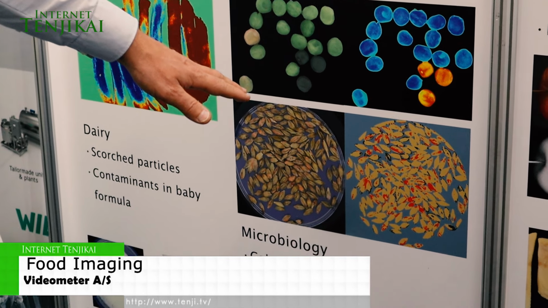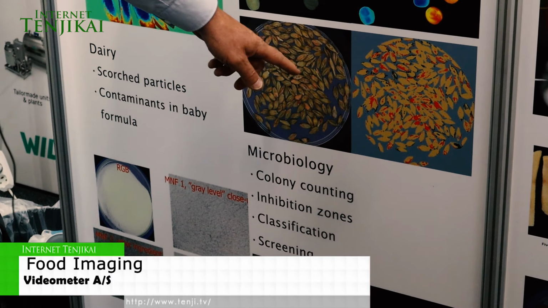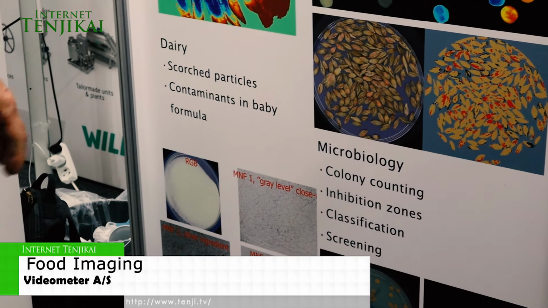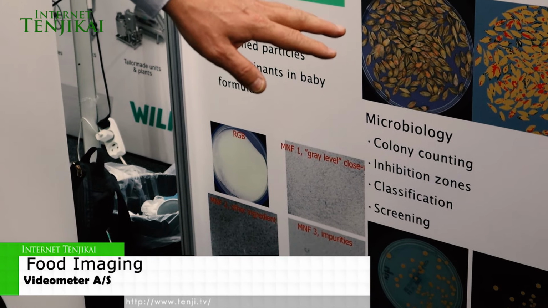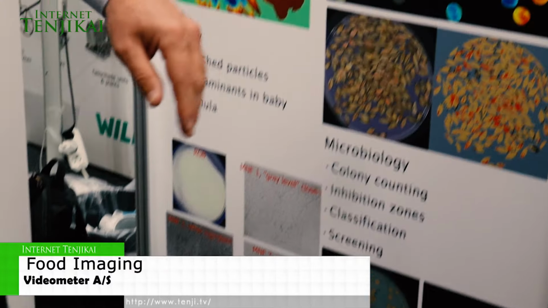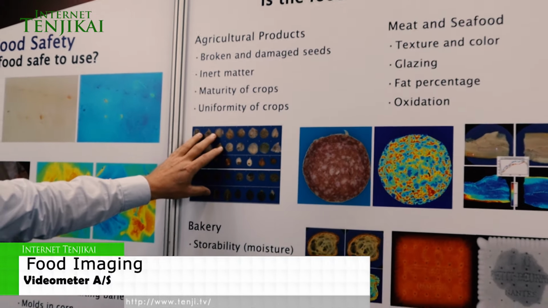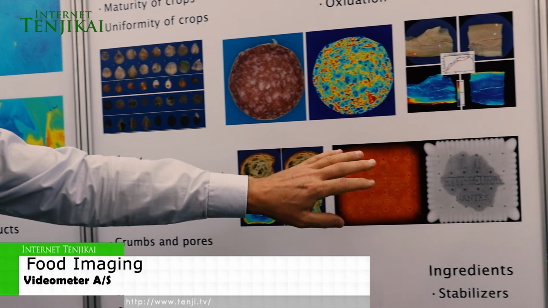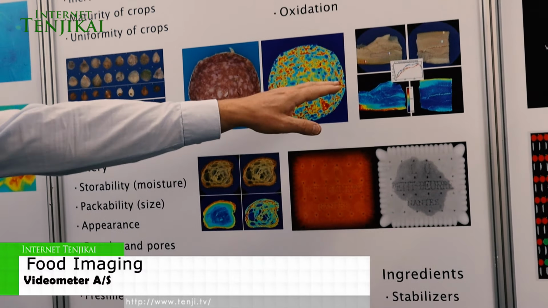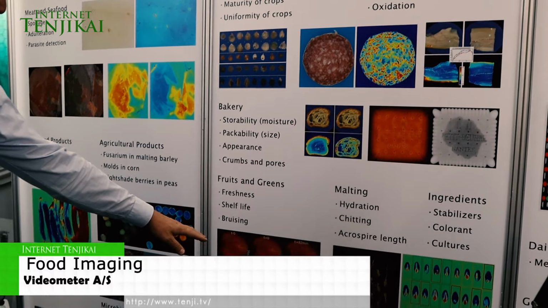Molds in grain for malting for beer. So this is a fusarium test. And then powder purity, powder contamination, colony counting, fermentation of sausages, purity of seeds, baking of croissants, moisture in biscuits, discoloration again of fish, bruises on fruits.